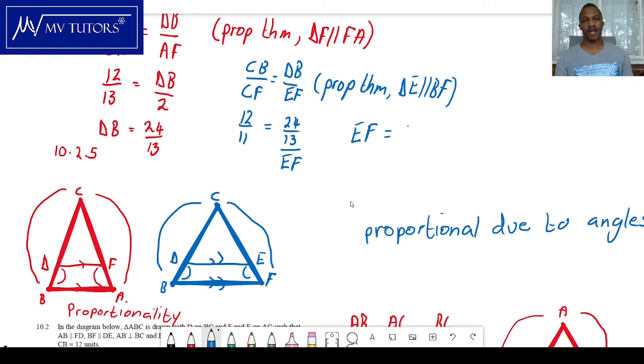If I cross multiply, it's gonna be 24 over 13, and then to get rid of the 11, I multiply by 11. To get rid of the 12, I divide by 12, so it becomes 11 over 12.